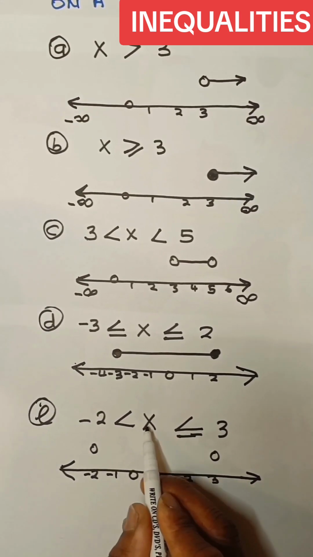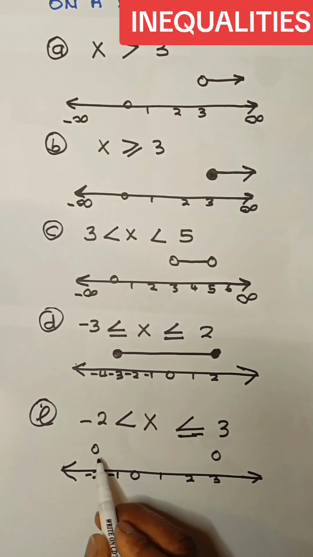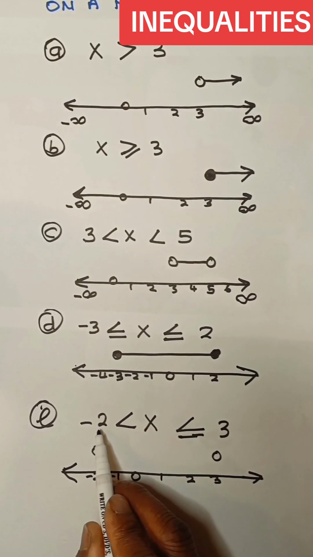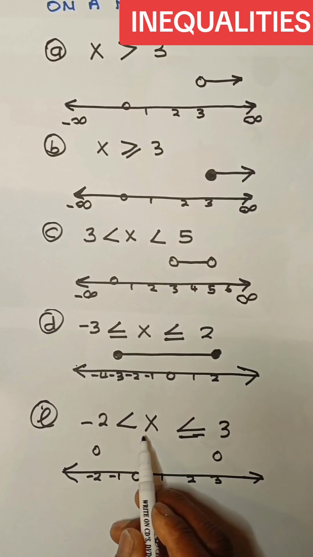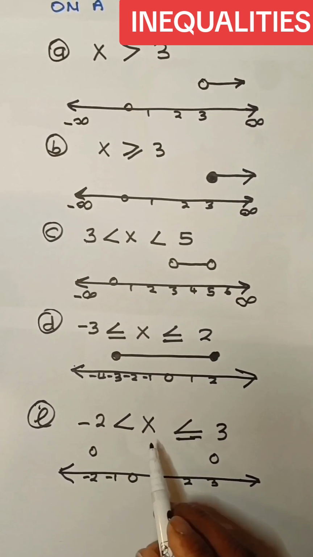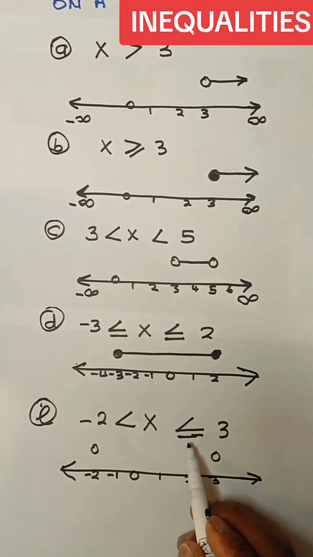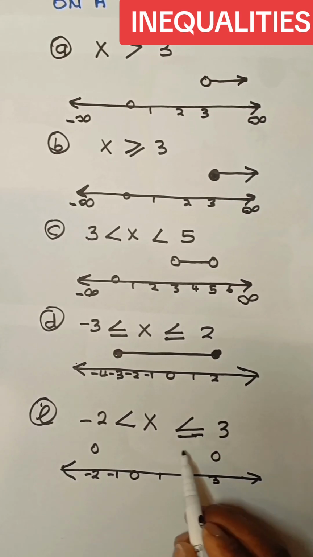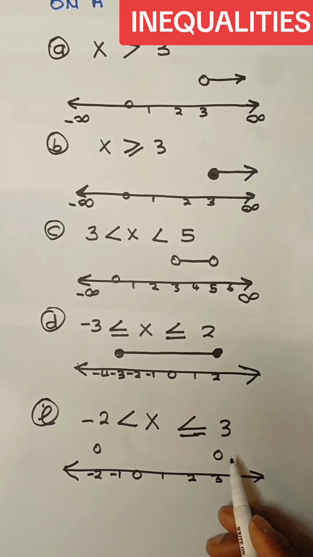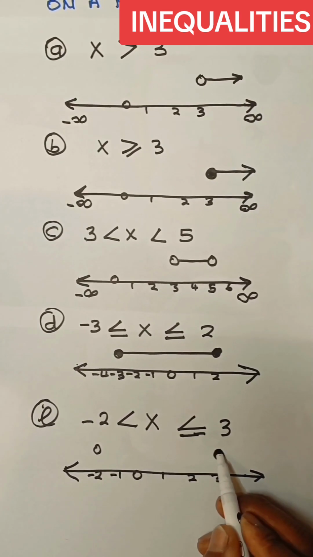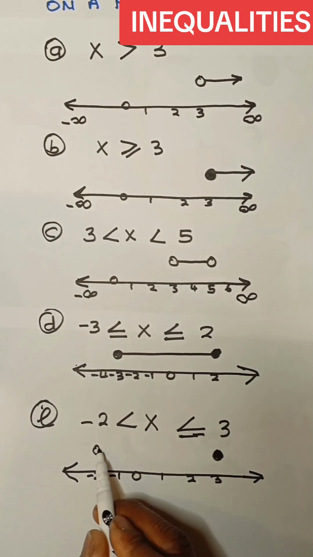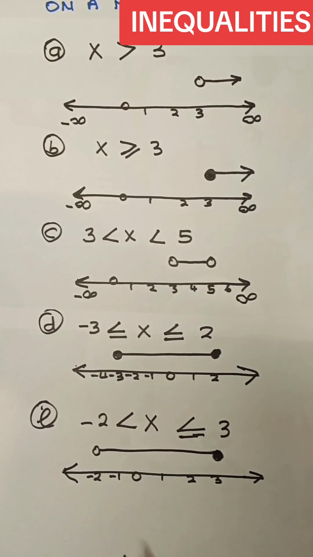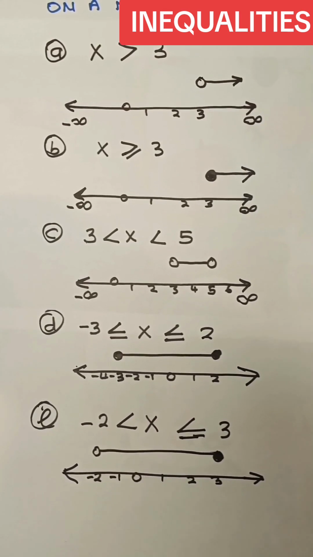Okay, since x is greater than minus 2, we are not going to shade the circle, because minus 2 is not inclusive of the value of x. Here, x is less than or equal to 3, meaning that x can be 3 or less than 3. We will shade this circle. Then all you got to do now is to connect the two circles with a line. So this is the number line representation of this inequality.